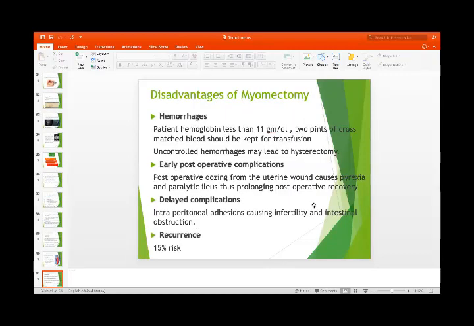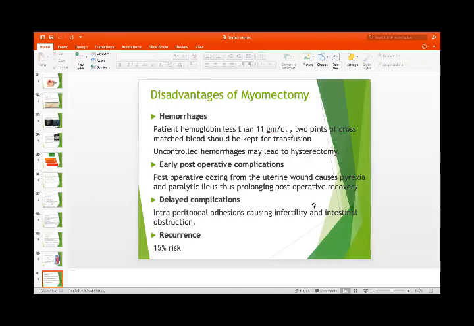What are the disadvantages of myomectomy? During myomectomy, excessive bleeding can occur, and the patient may lose blood and may need a blood transfusion. Sometimes it is uncontrollable, and we have to resort to hysterectomy. So whenever we do myomectomy, we take consent for myomectomy plus hysterectomy, because sometimes in dire situations we have to remove the uterus due to excessive bleeding.